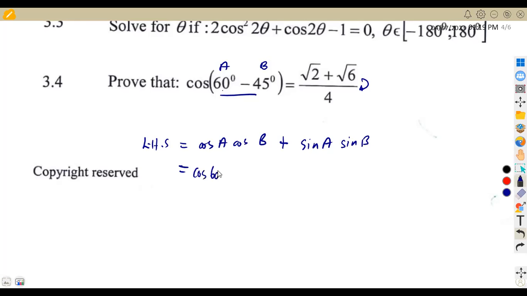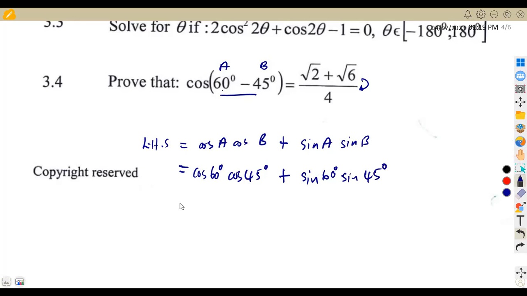So that's cos 60, cos B, which is 45 degrees. The sign changes to a plus, so it's times sine 60 degrees times the sine of B, which is 45 degrees in this case.